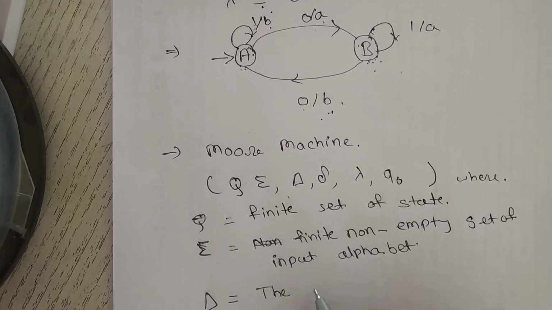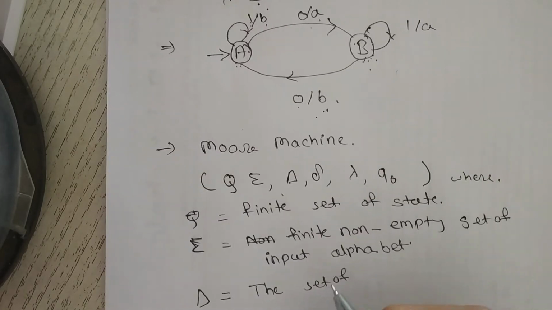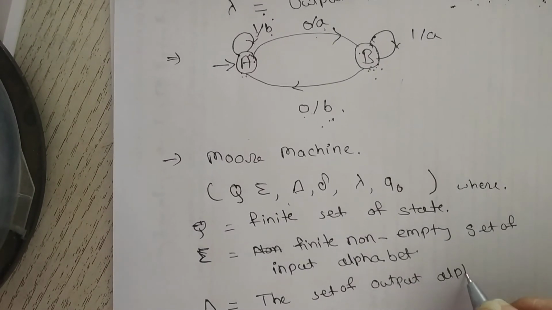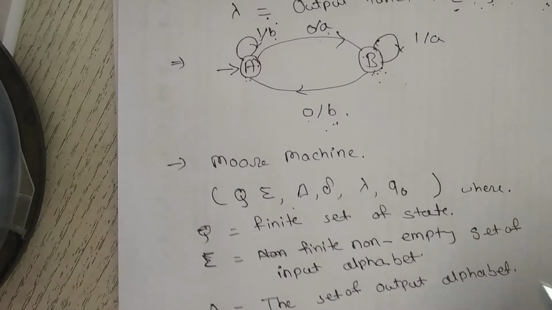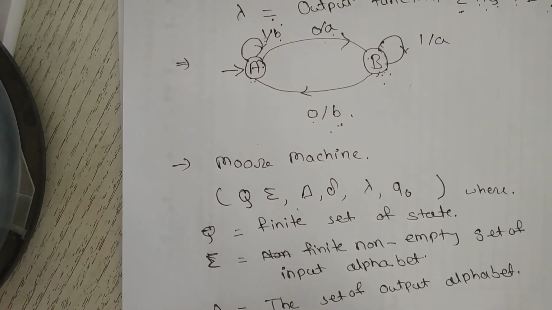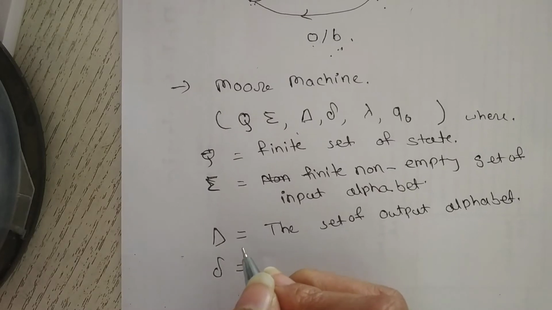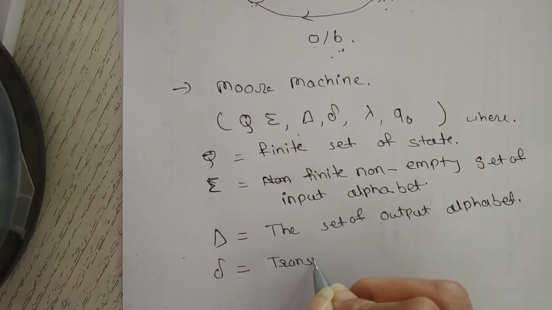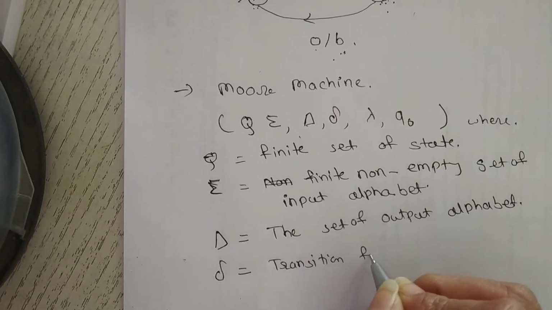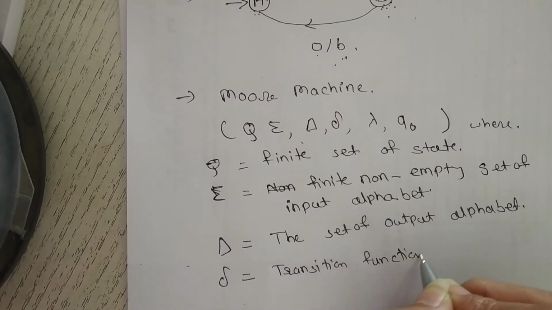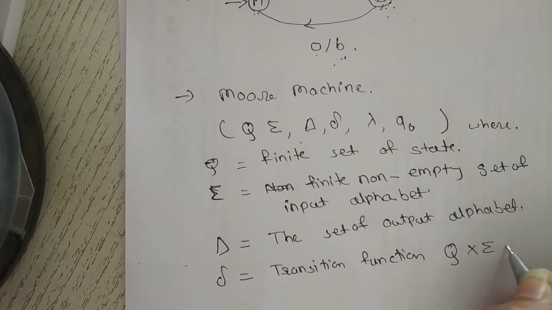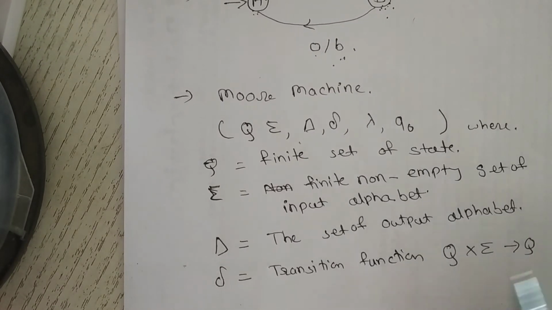We already know that it is the set of output alphabets, okay? Now next one is del. What is del? Del is the transition function, Q cross sigma to Q, correct?